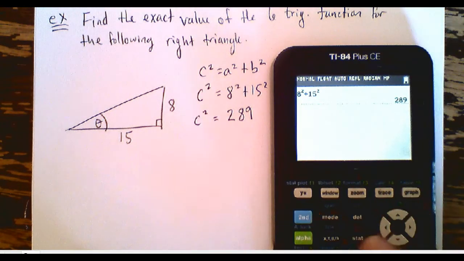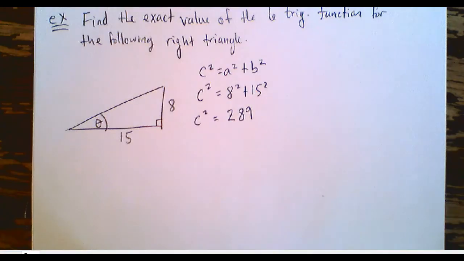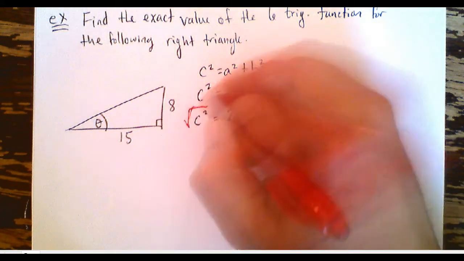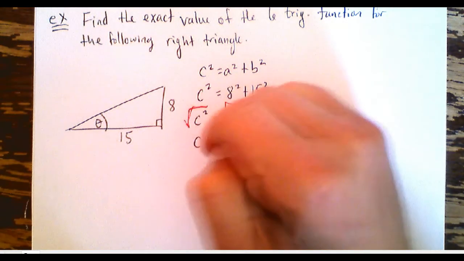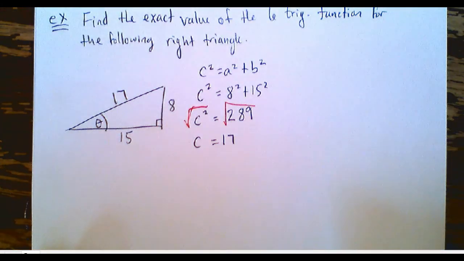And the square root of that is 17. So again, to cancel this square, we need to square root both sides of the equation. So c is 17, therefore our hypotenuse is 17.